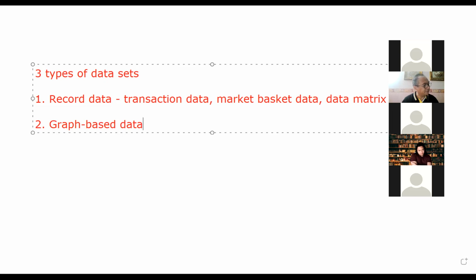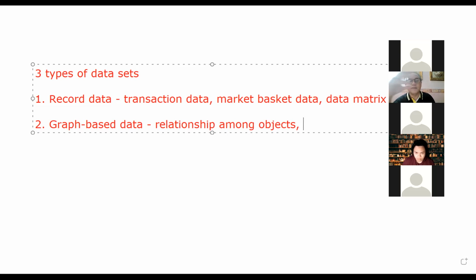Relationships among objects. This is ontology-driven data, so they have relationships among objects. For example, they have properties, they have relations, and so on. This is graph-based data.